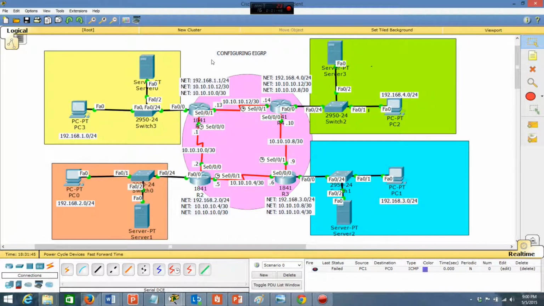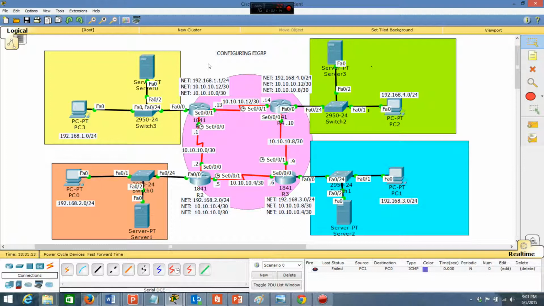With regards to convergence, EIGRP is very robust because of the algorithm used in the routing protocol. It far surpasses RIP 1 and 2, IGRP, and OSPF.